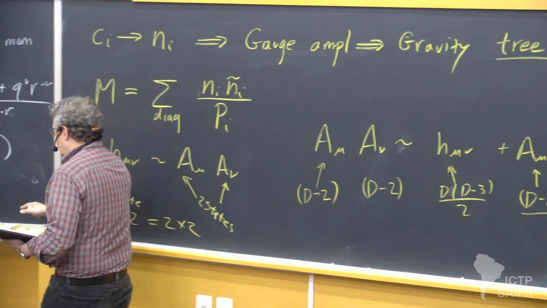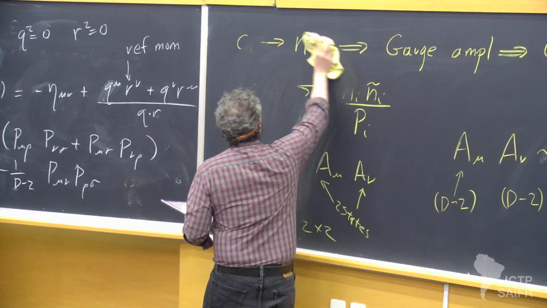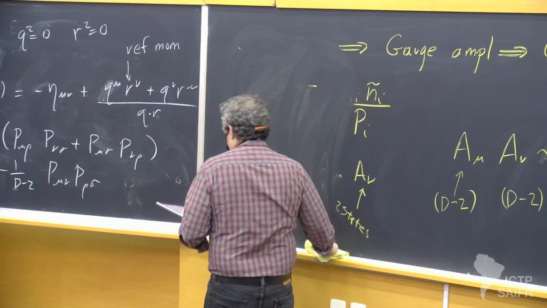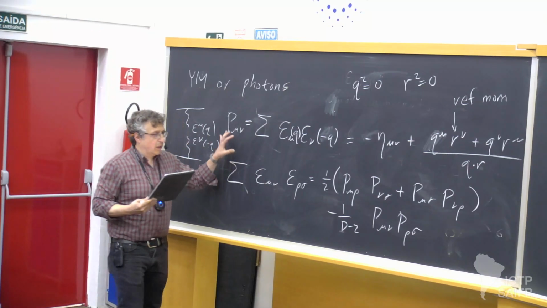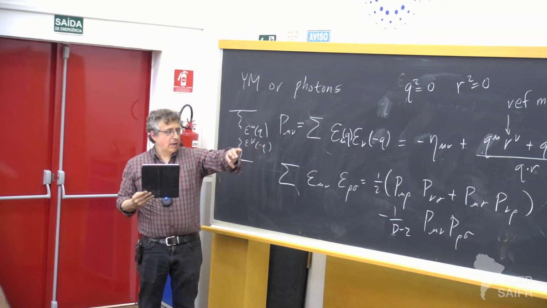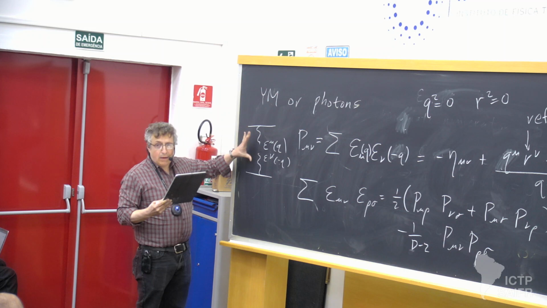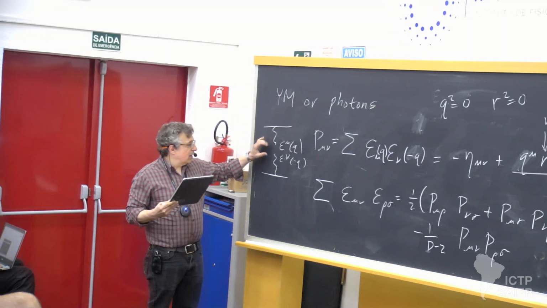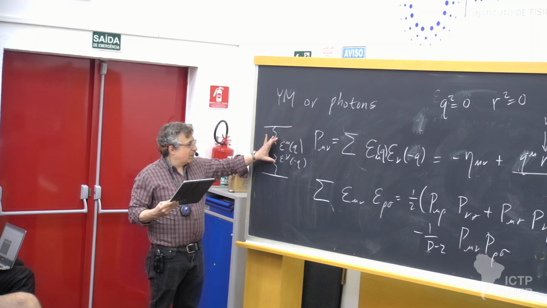Well, at tree level, it's all pretty simple, and I'll show you how it works. In any case, the argument is the same as for the helicity. If I slice open the diagram, and I'm going to sew it, then it's up to me what I decide for this sum over polarization.